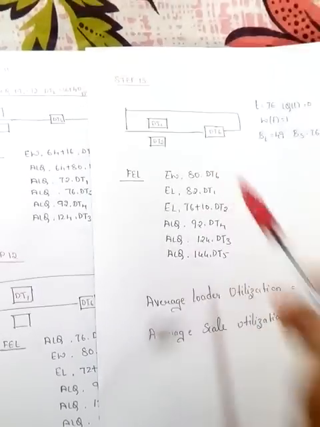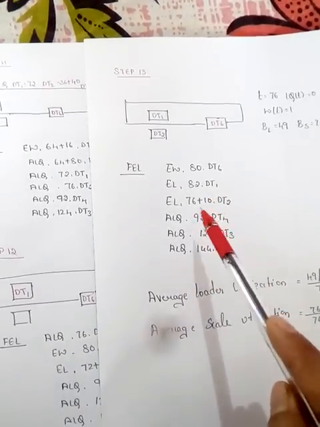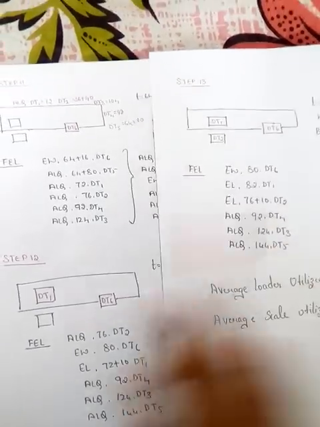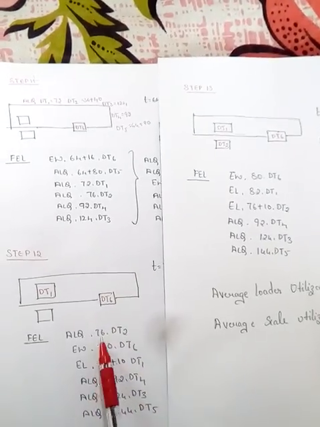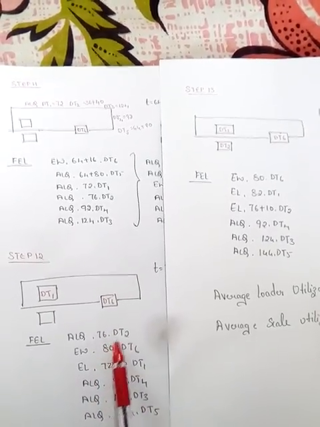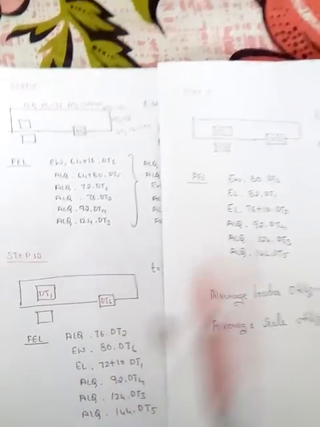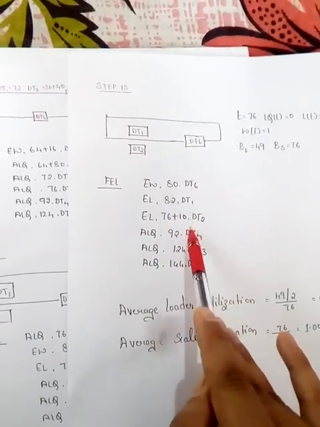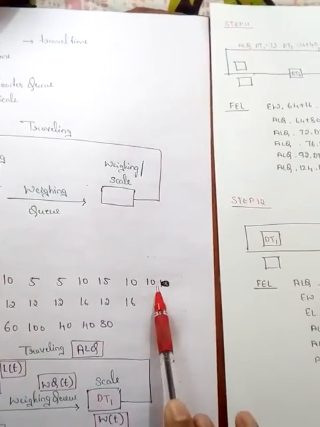The EL comma the DT2 value was 76. 76 was my ALQ value of your DT2. So 76 plus 10. 10 is my loading time.